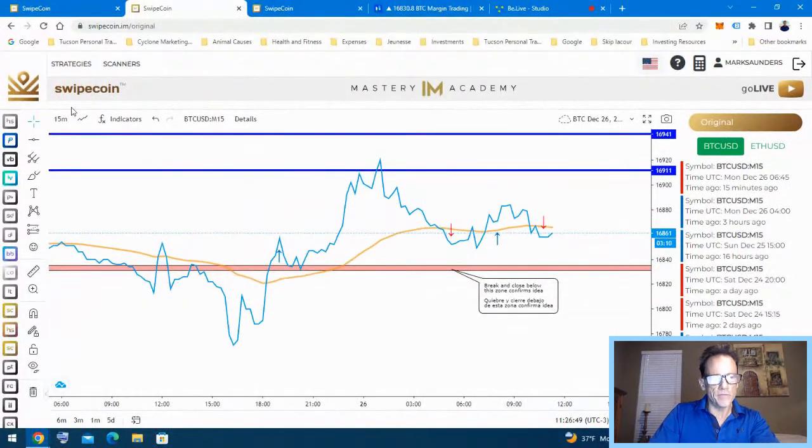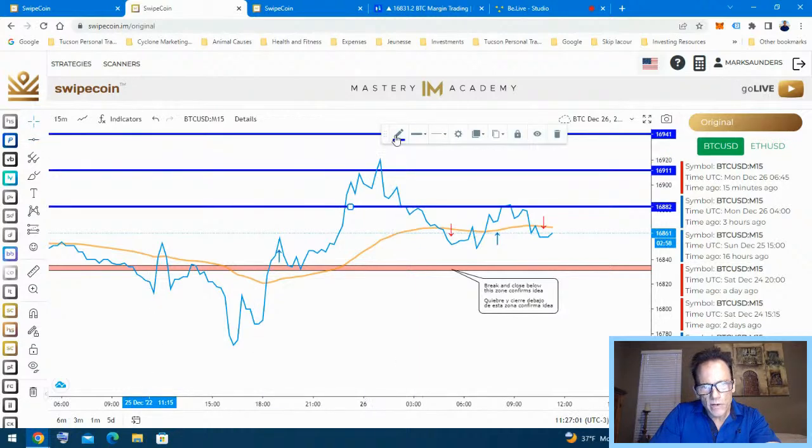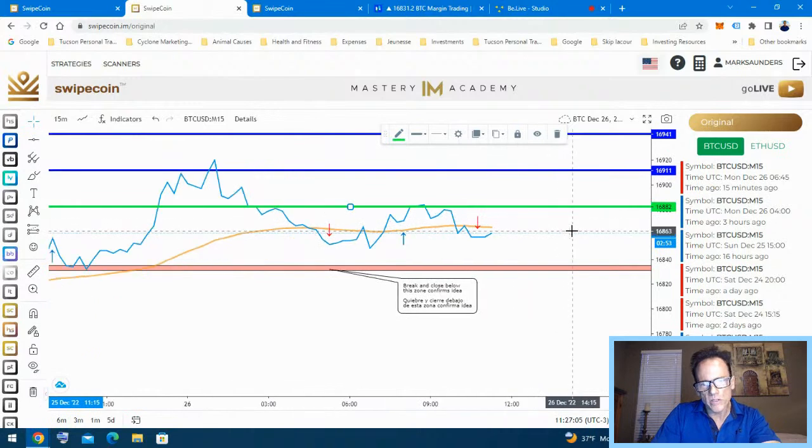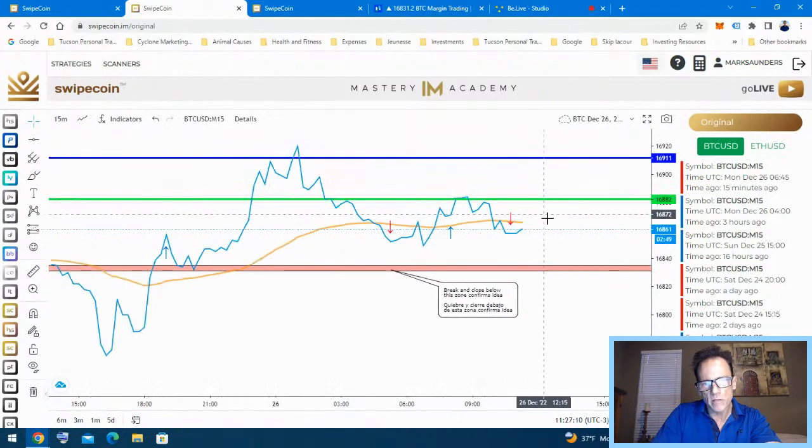All right, now we zoomed into the 15-minute time frame. I want to find a few touch points, either here or here. I'm just going to say this looks pretty juicy right there. This is going to be my support zone that I want to break and close above.